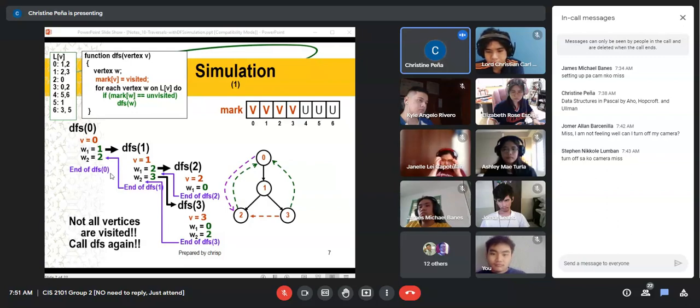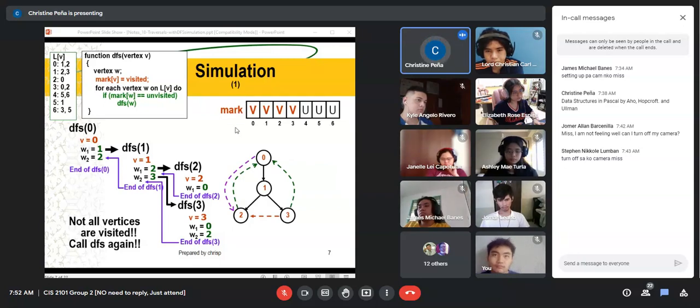Anyway, if that will happen, the mark array should be global, or if it's not made global, it is initialized outside and passed to the function. That way you will know the data structure of mark, so that you will know that not everything is marked visited.